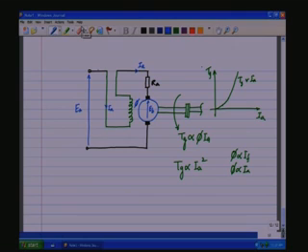Now, let us see Eb. Eb is proportional to phi into omega, or Eb is proportional to Ia into omega, because the flux is also proportional to Ia. Now, Eb into Ia is the power, and therefore the power is proportional to Ia square omega.